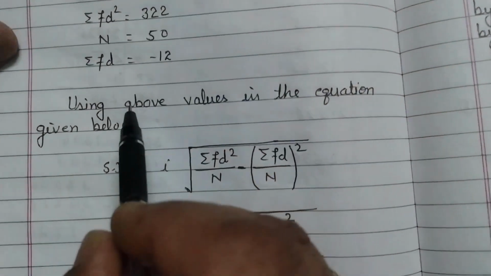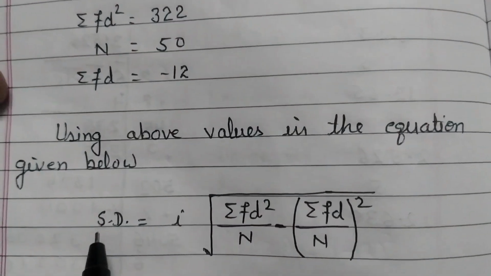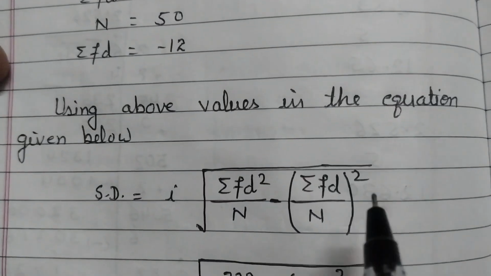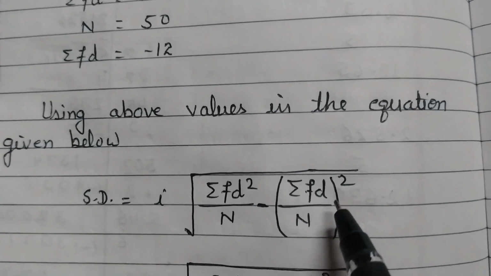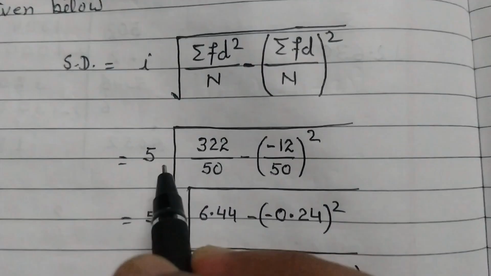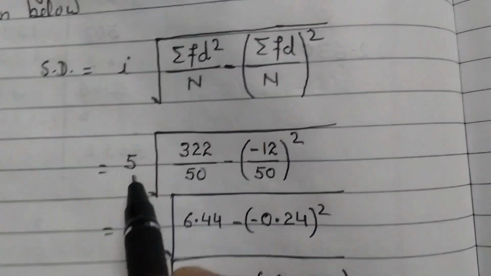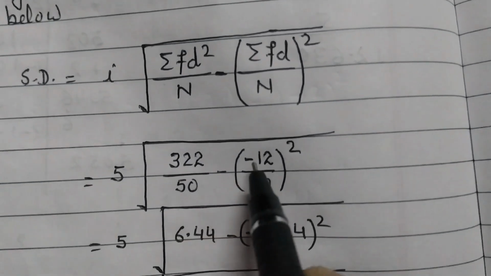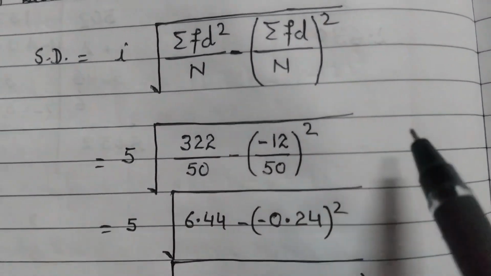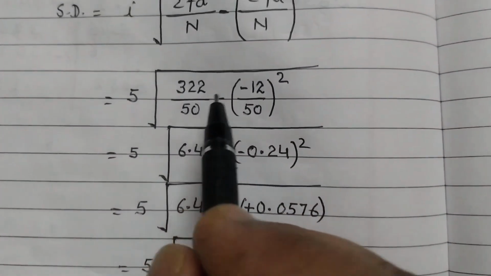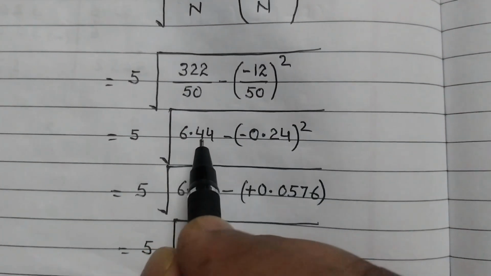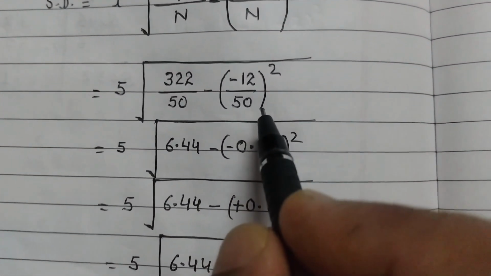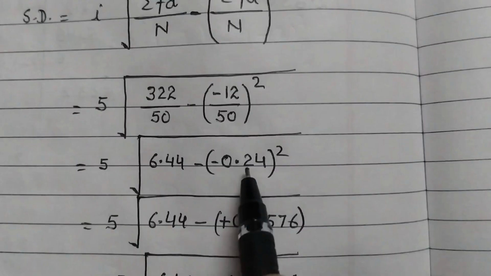Now using these above values in the equation given below, SD is equal to I under root summation FD square by n minus within bracket summation FD by n whole square. Substituting the values, I is equal to 5 under root 322 upon 50 minus 12 upon 50 whole square. 322 by 50 is found to be 6.44, and minus 12 upon 50 is about minus 0.24.